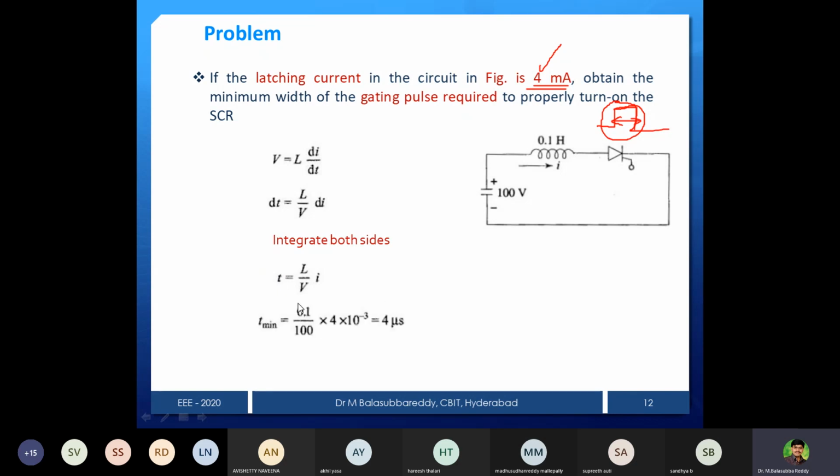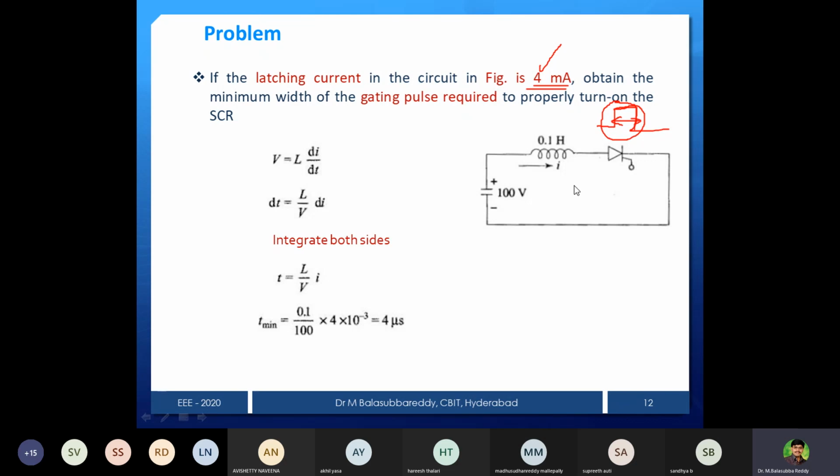Substitute the L value and V value: L is 0.1, V is 100, and I is 4 milliamperes, so 4 into 10 power minus 3. That gives 4 microseconds of time you need to give the gate pulse.